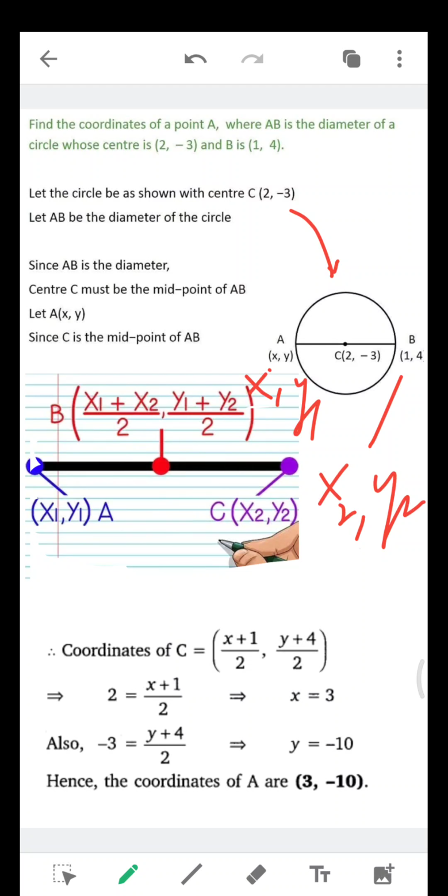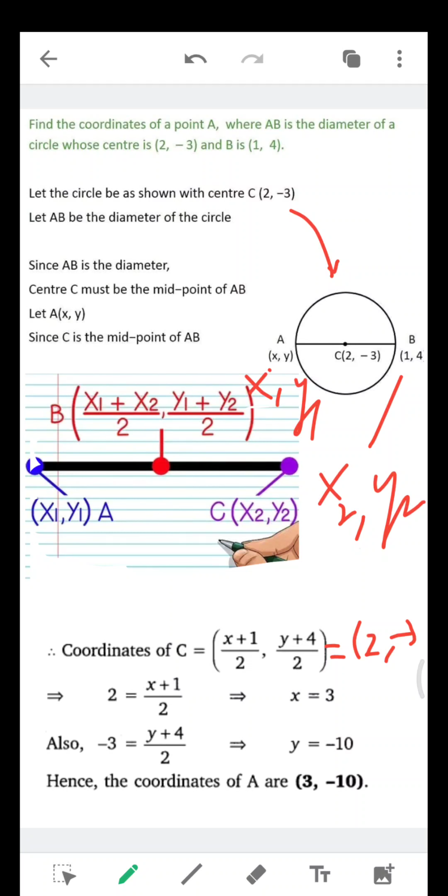So x1 plus x2, so x1 is x and x2 is 1, so x plus 1 by 2. Then y1 plus y2, y1 is y and y2 is 4, so y plus 4 by 2. I applied the midpoint formula, that is equal to C. What is C? C is 2 comma minus 3, so this is equals to 2 comma minus 3.